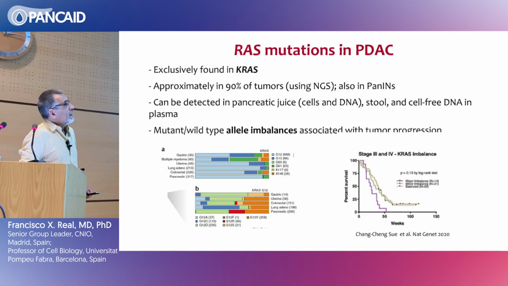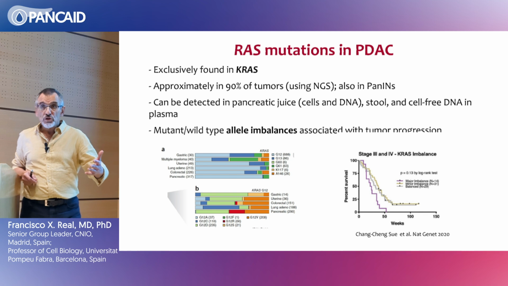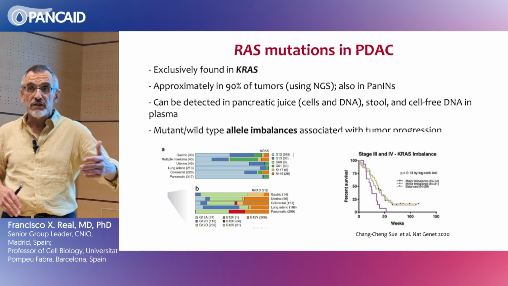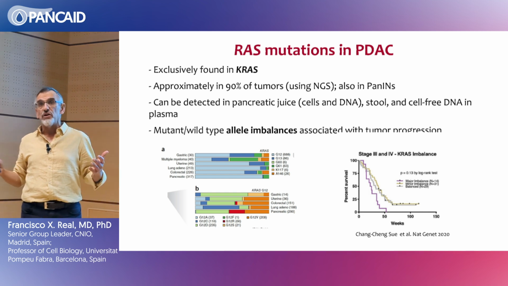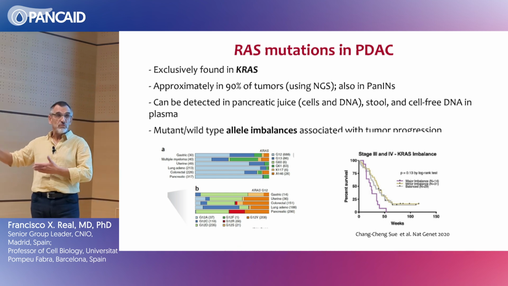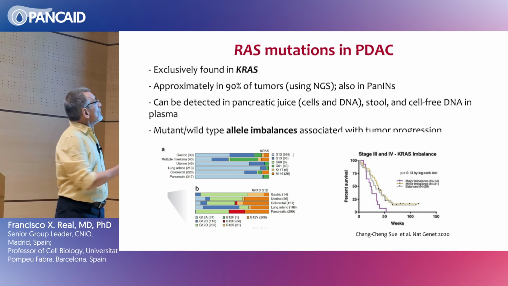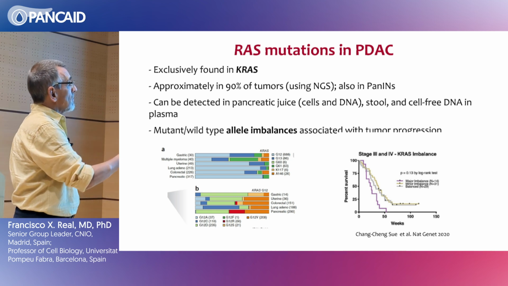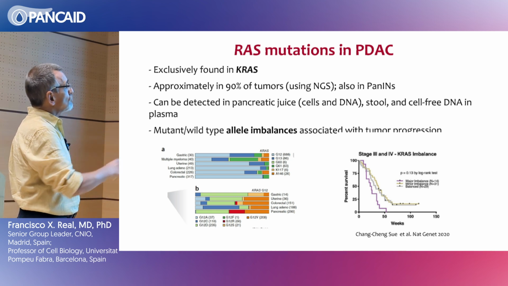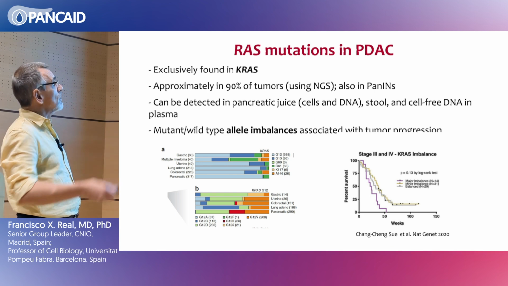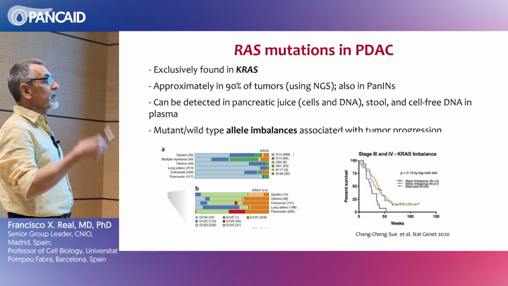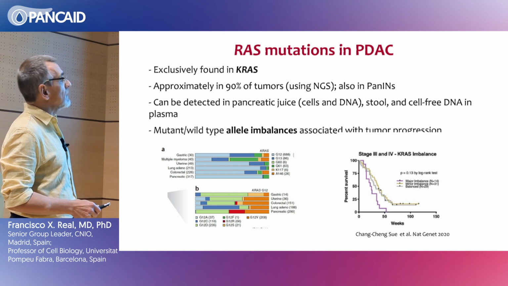Okay, let's go a little bit into RAS, because obviously, for somebody who's interested in liquid biopsy, detecting KRAS mutations in pancreatic cancer appears like a very promising strategy, because 90% of tumors are KRAS mutant. Mutations are found only in KRAS, very frequent, also found in PanINs, and can be detected in a variety of biological samples: pancreatic juice, stool, cell-free DNA, in studies going back to the late 90s.